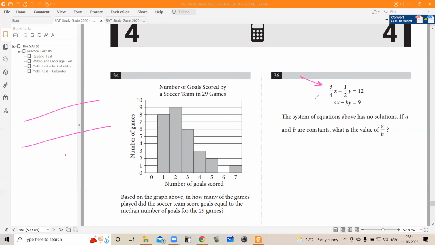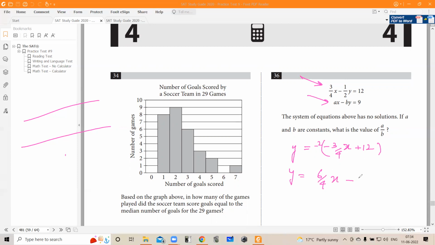Let's try to write them in slope-intercept form. So y is equal to −3/4 of x plus 12, and then I multiply it by −2. −3/4 times −2 is 6/4.